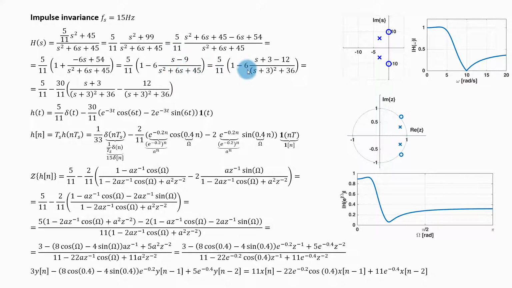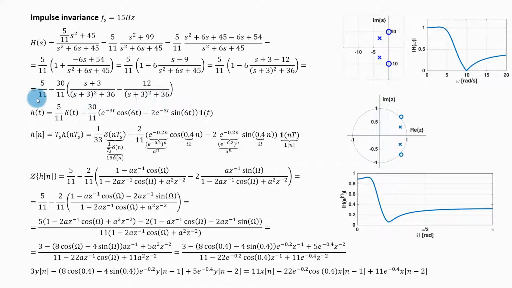And now I will complete the square in the denominator, and I will write numerator like this. Now I will multiply this 6 and this 1 with this 5/11, and I will separately divide this part of the numerator by the denominator and this part of the numerator by the denominator. That will give me this.